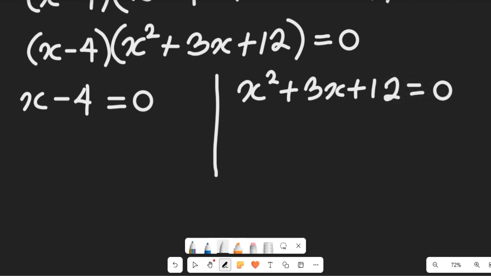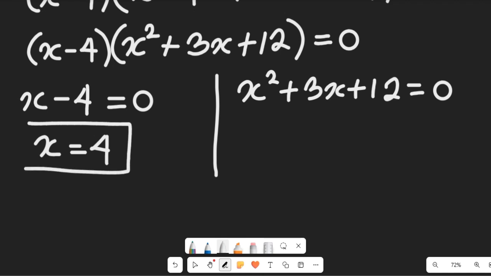From this expression, if I add 4 to both sides, x will be equal to 4, which is a solution to that math expression given to us. That's the first solution. Now, from this other one, I told you algebraic expression only cannot solve this expression.